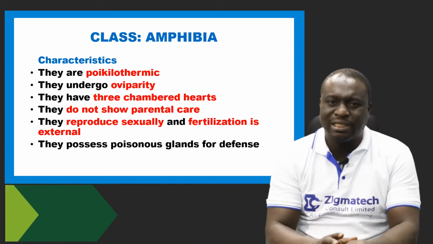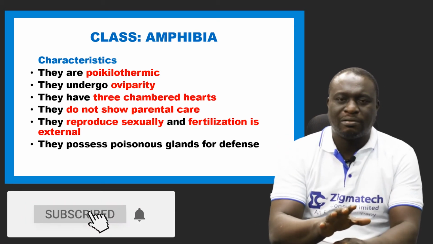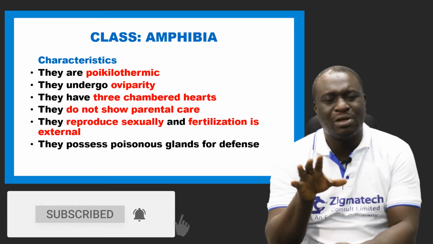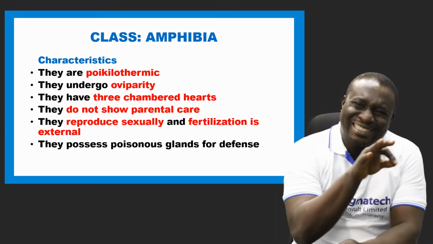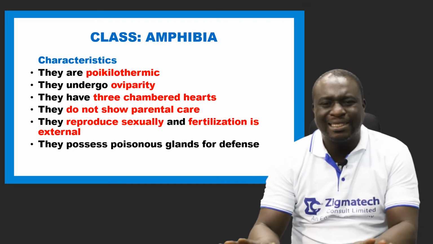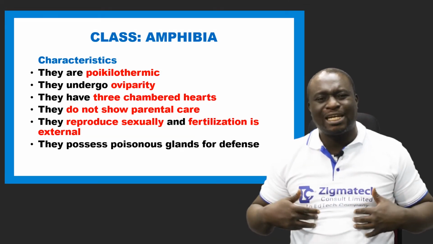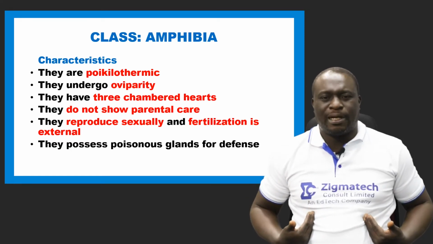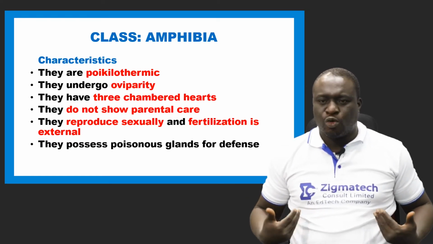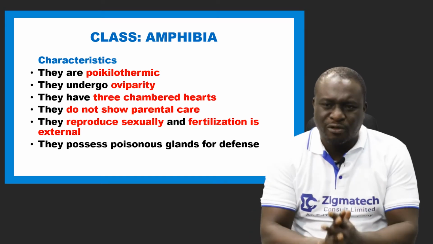As the female is releasing her egg, the male amphibia simultaneously releases its own sex cell to fertilize it externally, not inside, not introducing its own sex cell into the female's body. No. Okay? So we call that external fertilization.